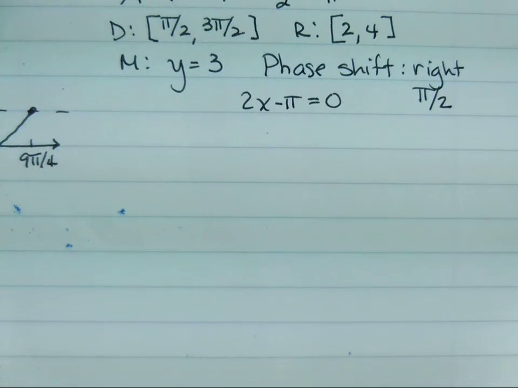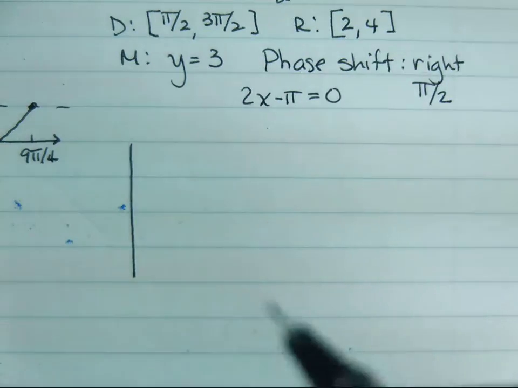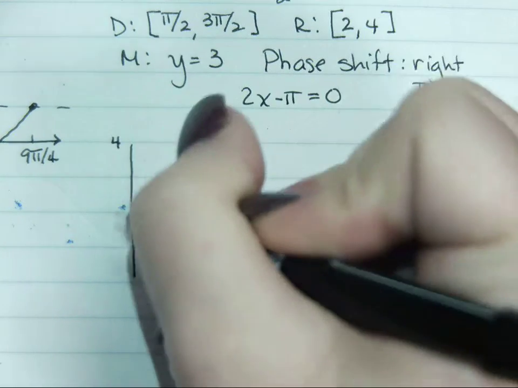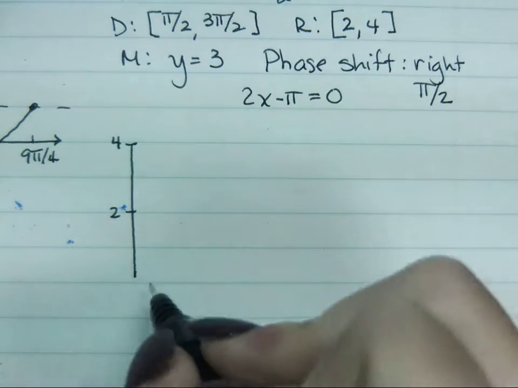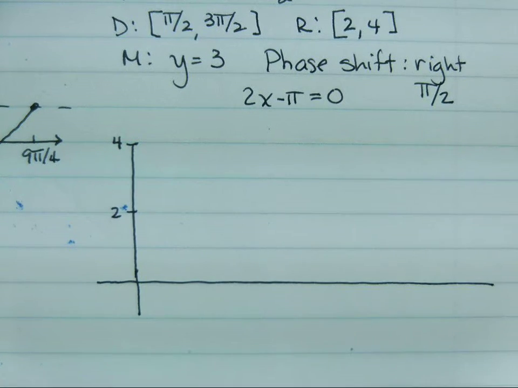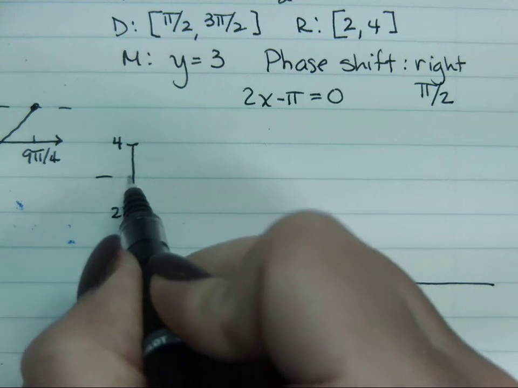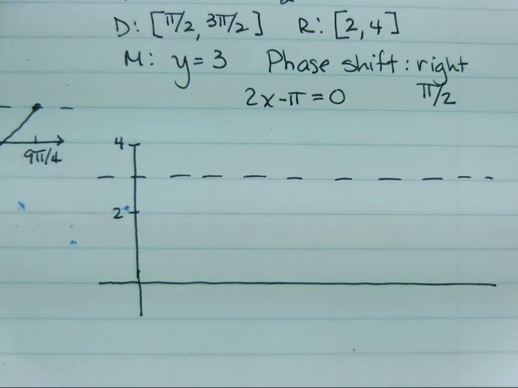Now when I make my graph, again, I have to remember that it goes up to 4. So I don't want to lose that. And I have my midline right here. All right, so these are going to be increments of pi over 4.